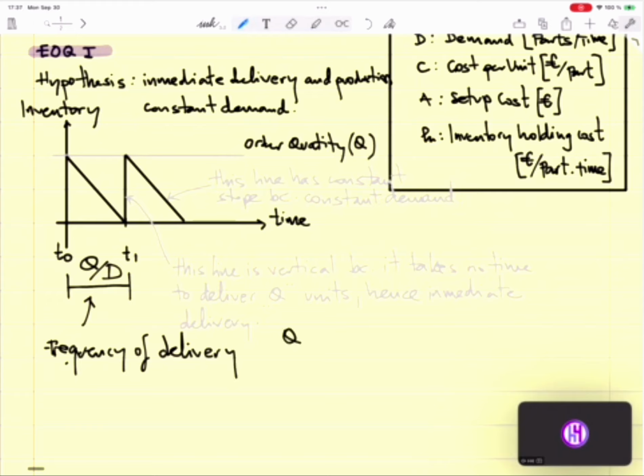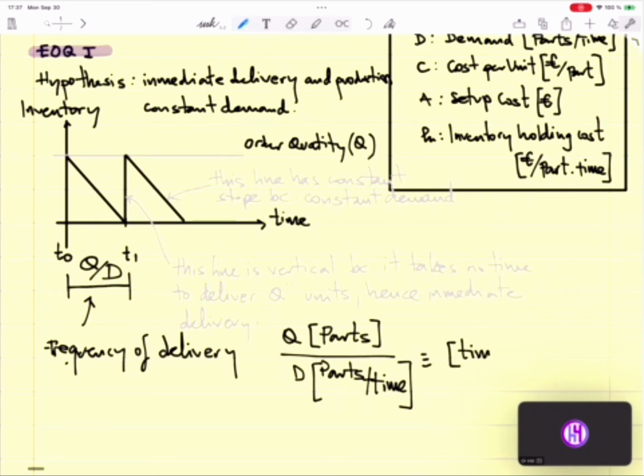If Q is measured in parts, and the demand is measured in parts per time, we get time units, because parts go with parts and time goes up. Okay, so any questions so far?